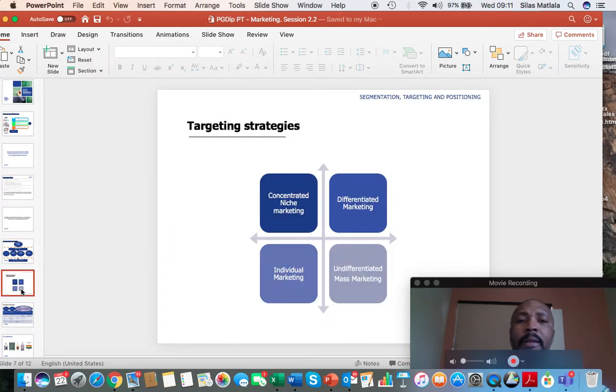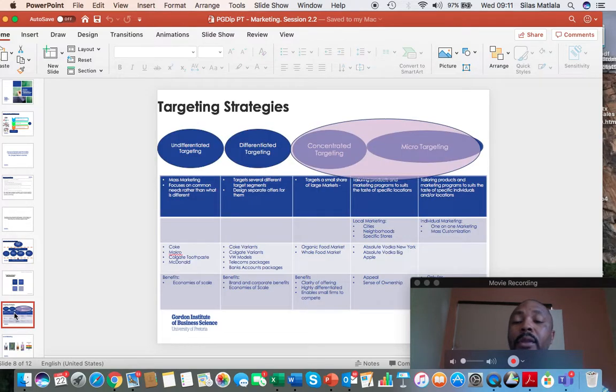And there are various targeting strategies, and these differ from what we term concentrated or niche targeting strategies, differentiated targeting strategies, individual targeting, or undifferentiated targeting. And if we look at all of them, from the left, the undifferentiated targeting strategy is what would typically comprise mass targeting.